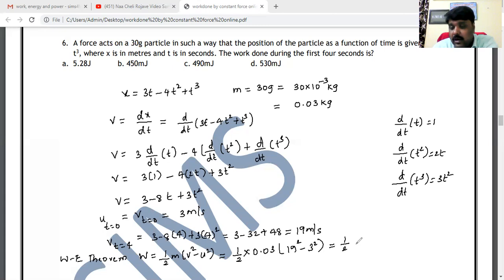That equals 1 by 2 of 0.03 of 361 minus 9.